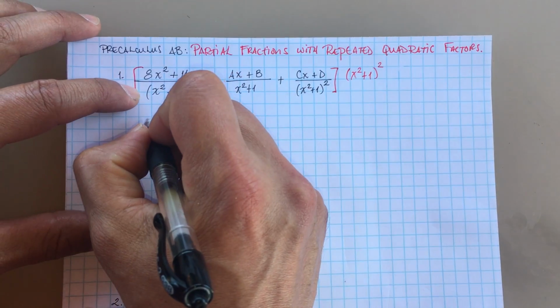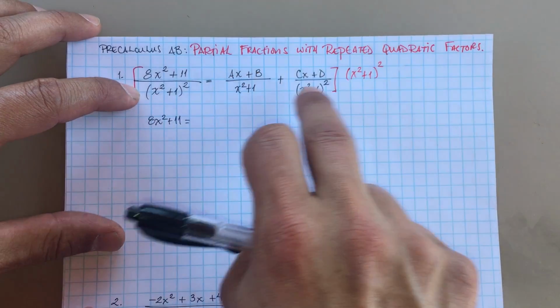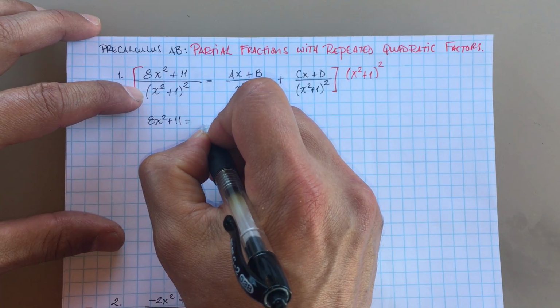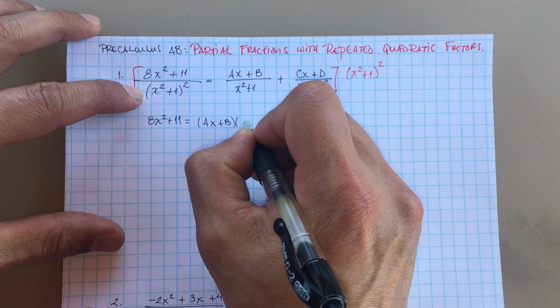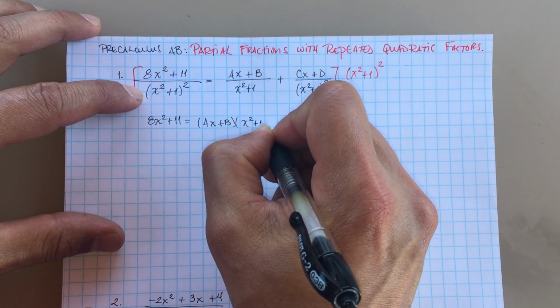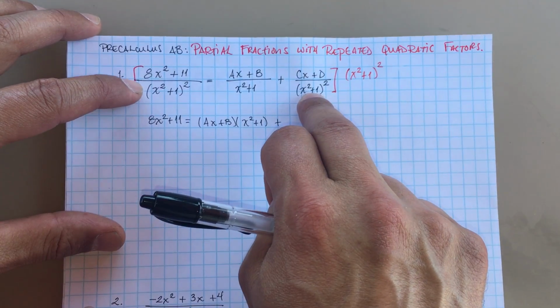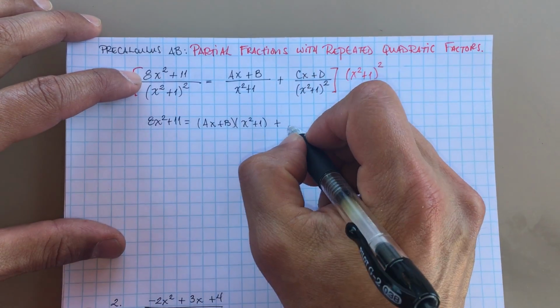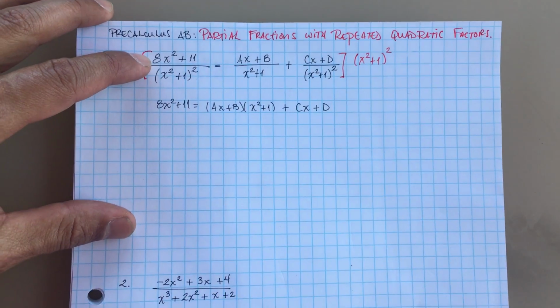We're left with the 8x squared plus 11. One of the x squared plus 1 factors is going to cancel out. So we're left with ax plus b times one of the x squared plus 1, plus, and right here both of them cancel out, if you notice that, and then you're going to be left with cx plus d. Alright, so that cleans it up a lot.